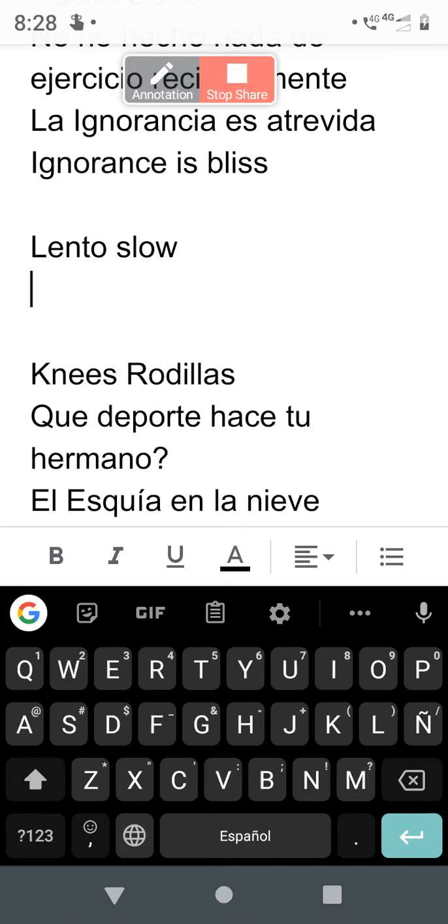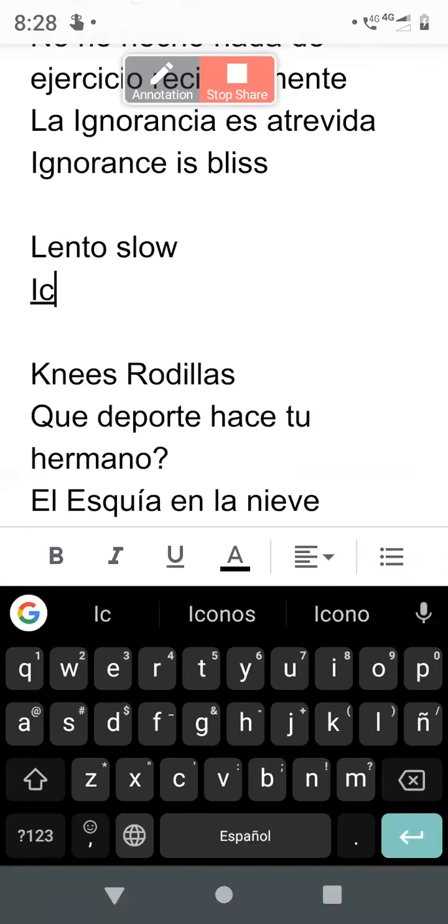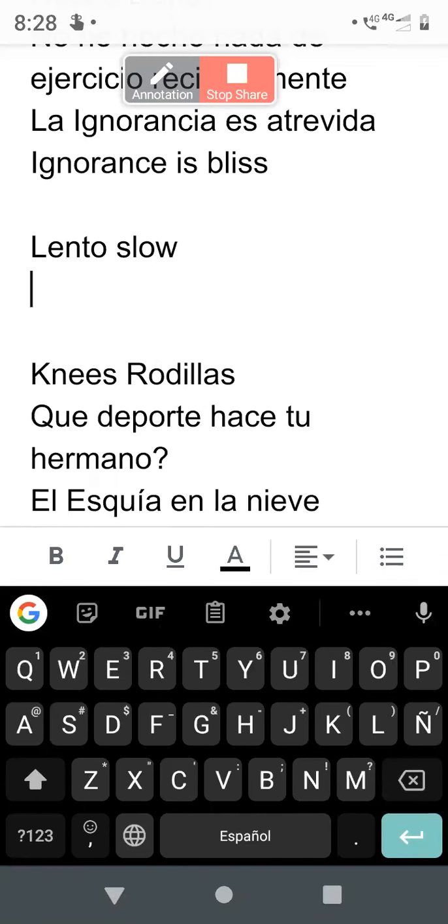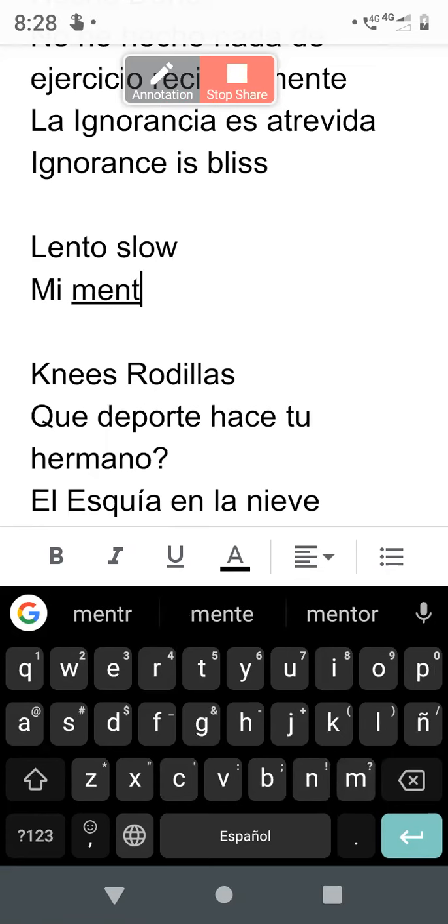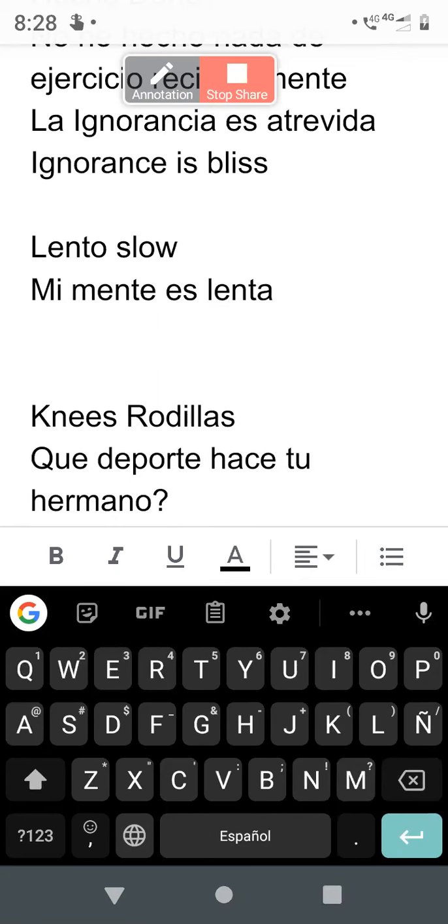Like I'm slow myself? Oh, hang on. I can't remember the word for mind. My mind is slow. Oh, mi mente. Mi mente es lenta. Lento. Es lenta. Oh, because it's feminine?